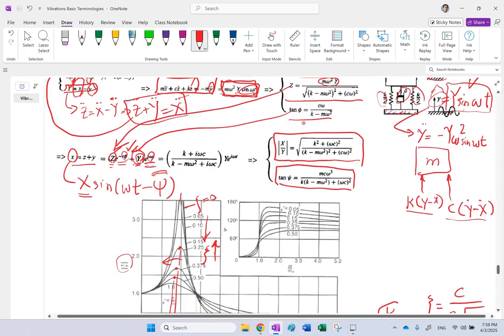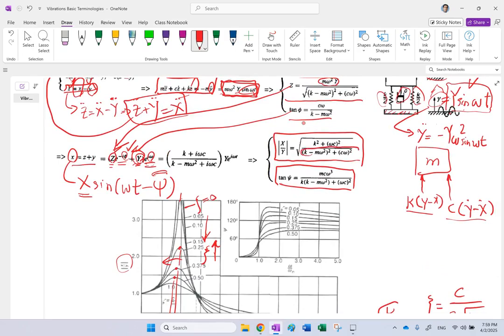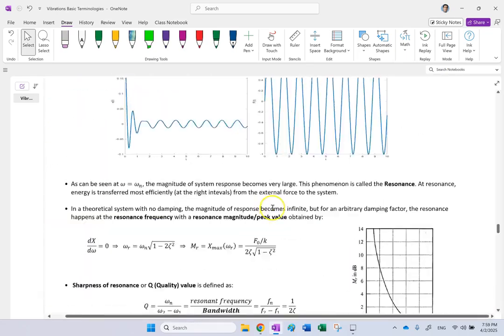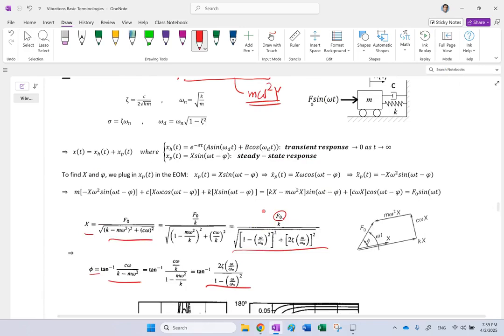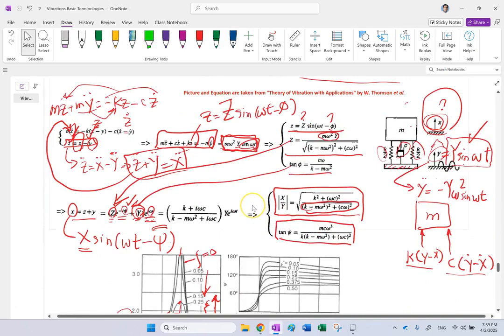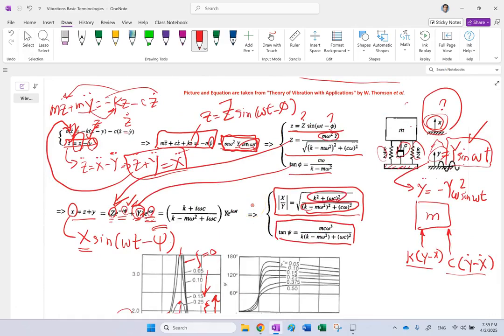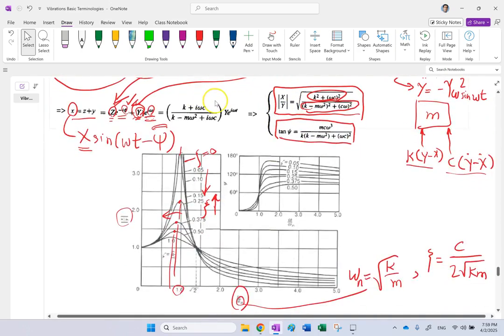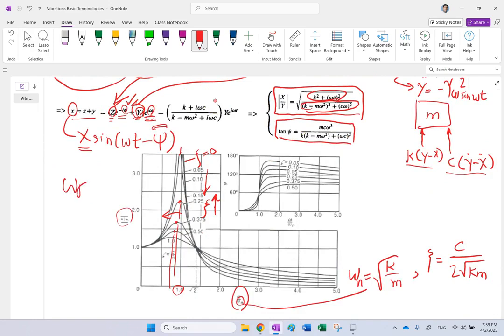Very similar, except the formula for omega r and Mr in this function is going to be different, because if you look at it, the denominator of this is just like what we had up here. That's exactly this one. But the numerator of it is not a constant term. The numerator of it also depends on omega. So finding the optimum point or maximum point of that and plugging it back, omega r and Mr that I had in my previous lecture have different formulas for this case.